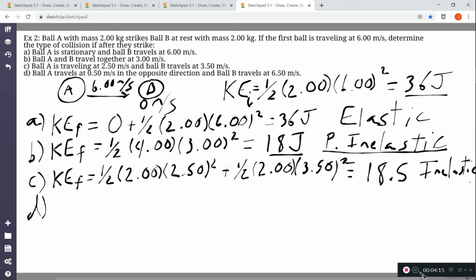Part D. Ball A is traveling at 0.50 meters per second in the opposite direction, so we need to call that negative. It's not going to matter really for our calculation because we're going to square it, but it's important that we keep track of these things.